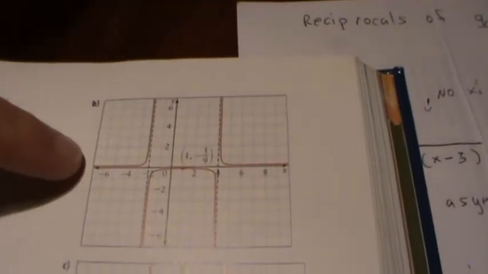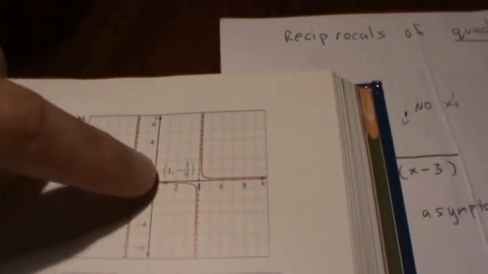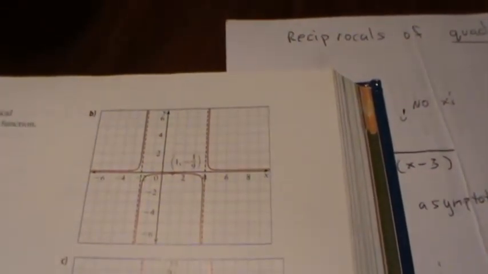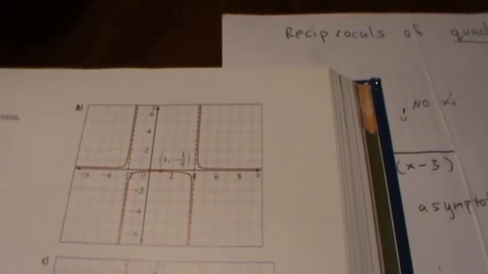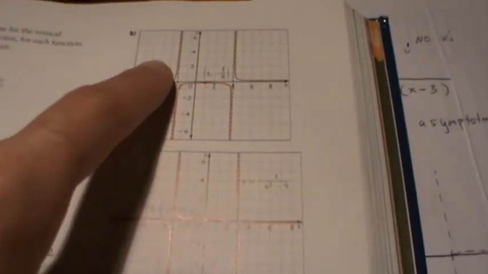I could go kind of up and then down here and then down here, always hugging these asymptotes. So I have two options to decide from. It's either that graph or it's this graph here, where the graph is below on the sides and above in the middle, or above on the sides and below in the middle. So I have to basically decide between these two graphs right now.